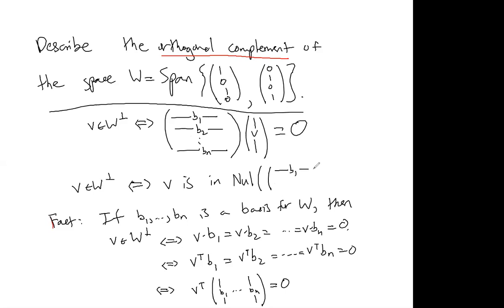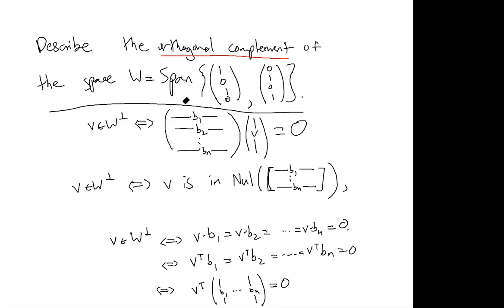So B1 through Bn, this is a matrix, where B1 through Bn is just a basis for W.